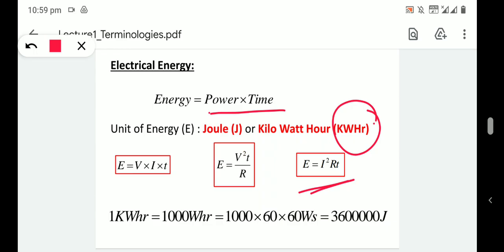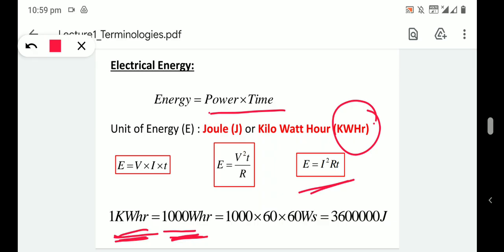Then 1 kilowatt hour. What is the relation between kilowatt hour and joule? That is what we are deriving here. 1 kilowatt hour, we are changing kilowatt to watt. 1 kilowatt means 1000 watt, so 1 kilowatt hour is 1000 watt hour. Then we are changing hour to seconds. 1 hour means 60 minutes, 1 minute means 60 seconds, so 1 hour means 60 into 60 seconds.